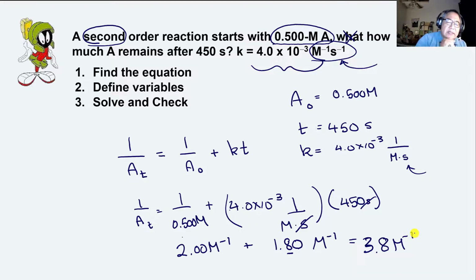Now, this is a mistake that a lot of students make early when they're learning how to do these things: they'll just say, oh, that's the answer. But you notice this is actually 1 over concentration, and the unit on this number is per molarity. So to get to the molarity, you have to take the inverse of both sides. So let's do that real quick.